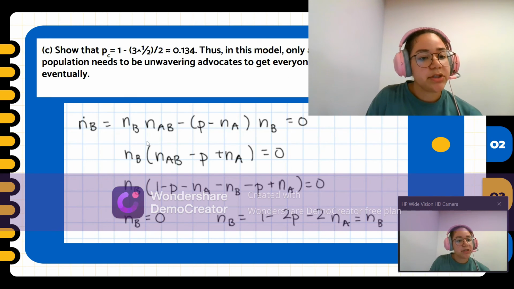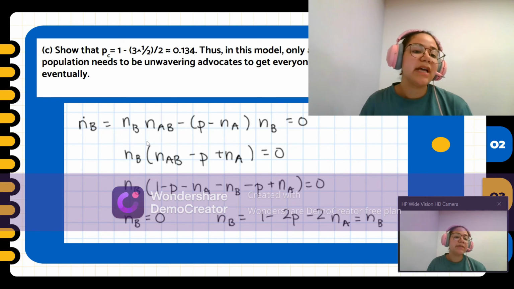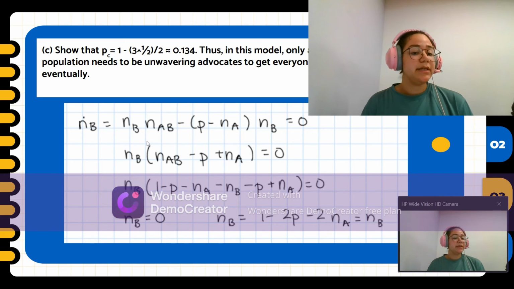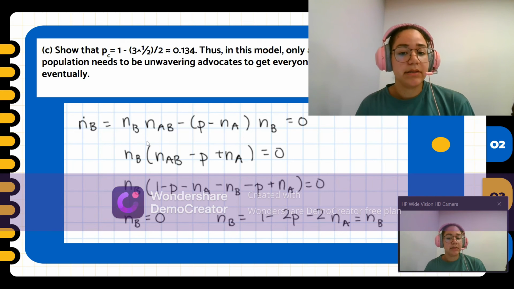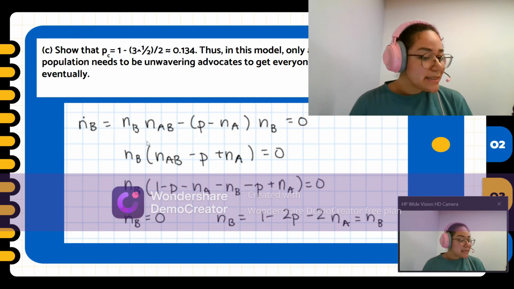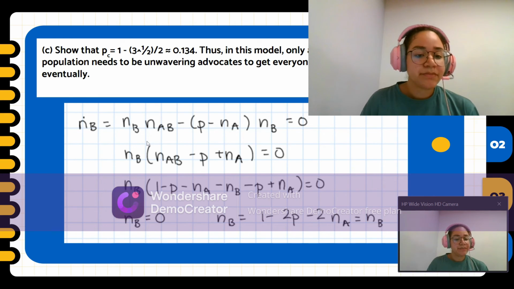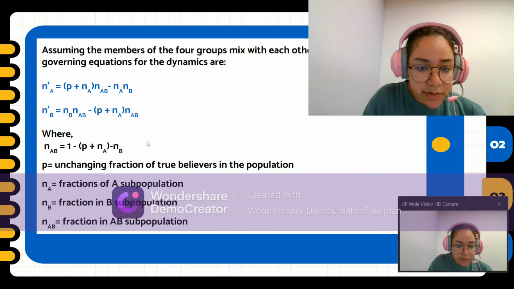So now we must show that PC, which is the critical part, is equal to 0.13. That means that 13% of the population needs to be unwavering advocates to get everyone else to eventually agree with them. So what I did is that we made n dot B equal to 0. That was the original problem.